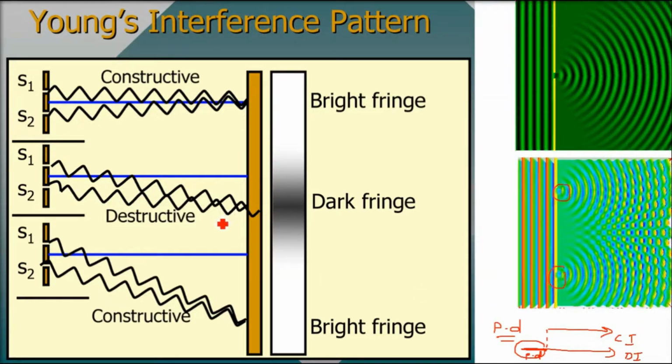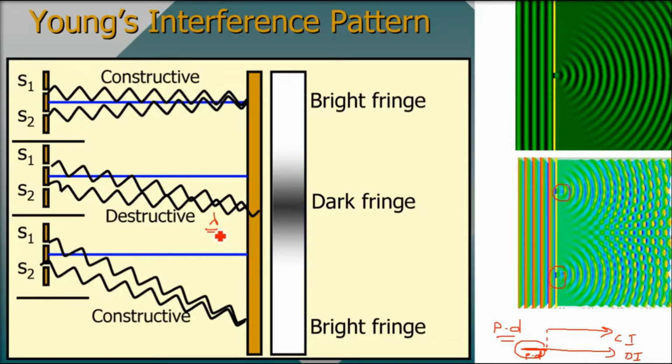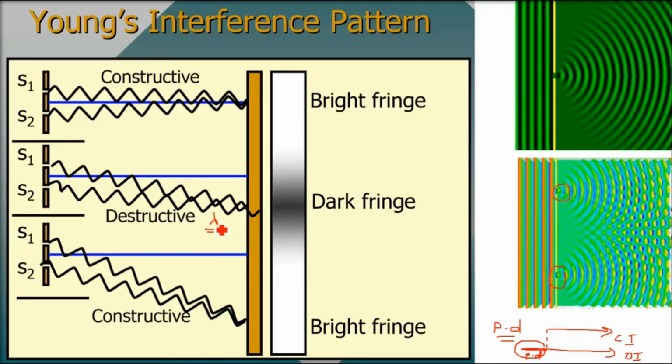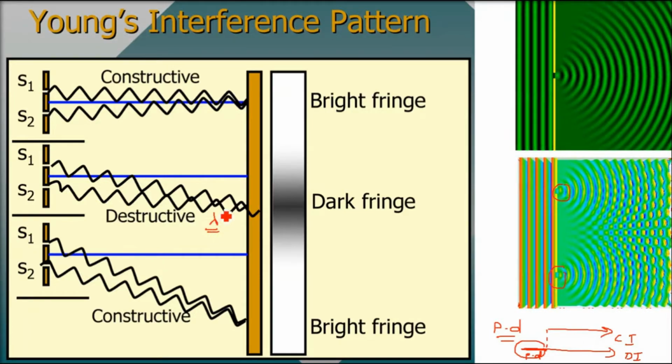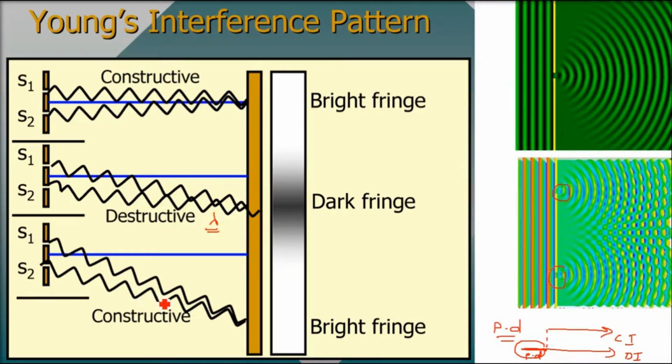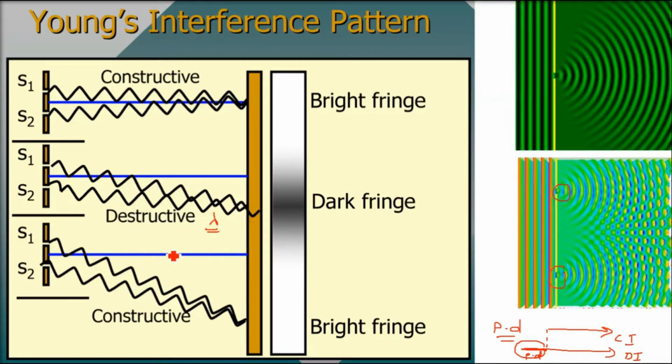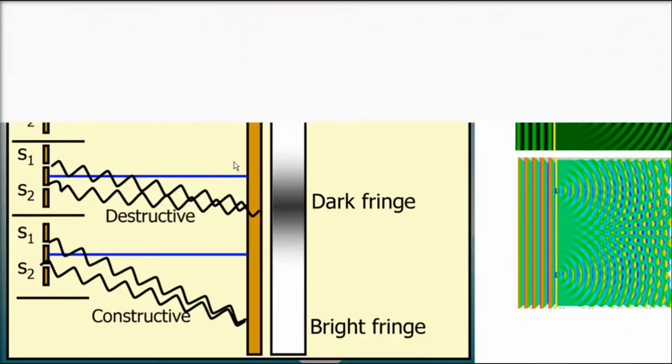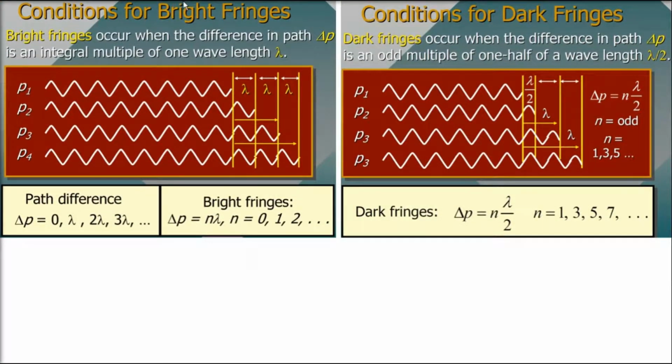The constructive will be when the path difference is some multiple of lambda, and destructive will be some multiple of lambda by 2. So in order to know the constructive or destructive interference, there is a relation. When will bright fringes be formed?